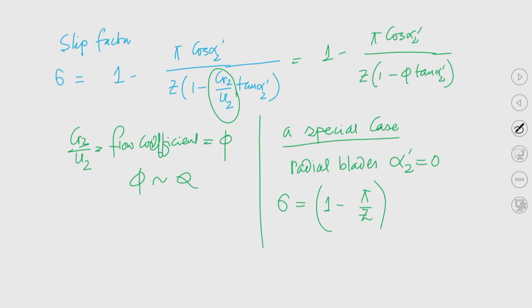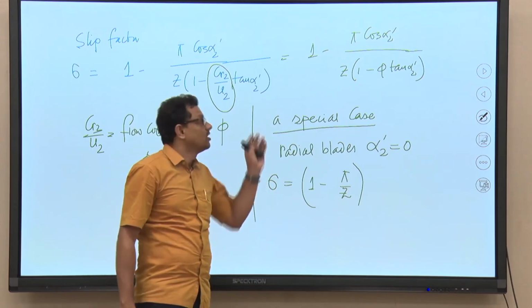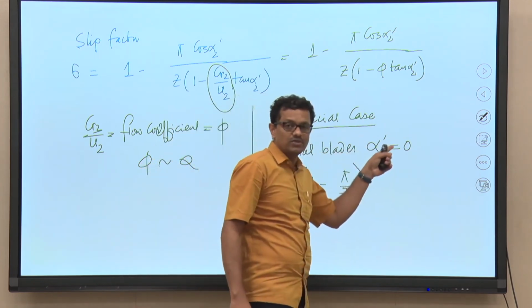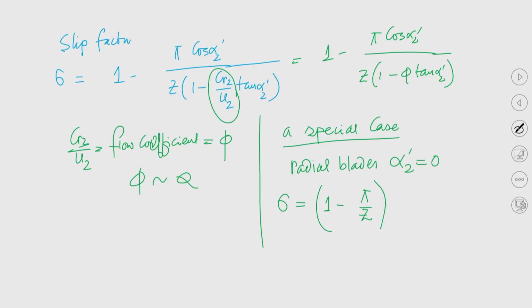So, for the radial blades, the slip factor does not depend on the flow coefficient, and that is the important conclusion from this exercise. For the radial blades for which alpha 2 prime equal to 0, the slip factor is independent of the flow coefficient.